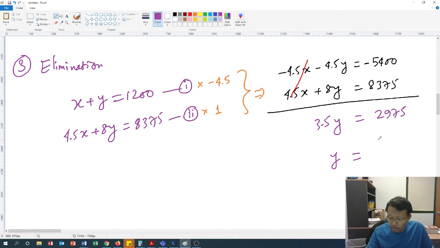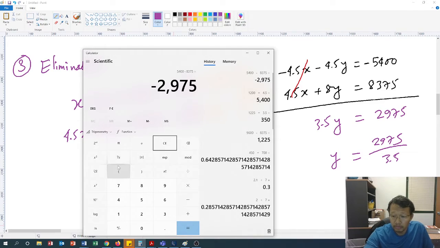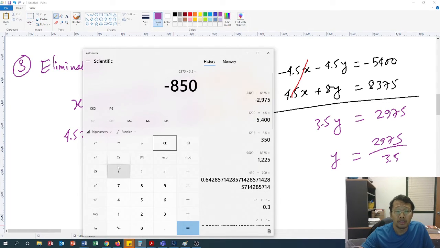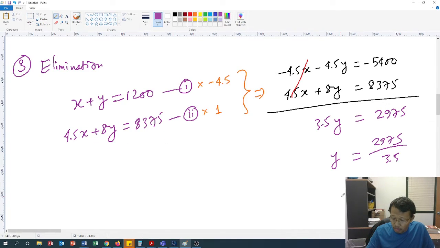Then let us divide both sides by 3.5, and y equals 850. Thus by eliminating x we got the value y equals 850. We don't need to eliminate y again to find x, since we have already gotten y equals 850.